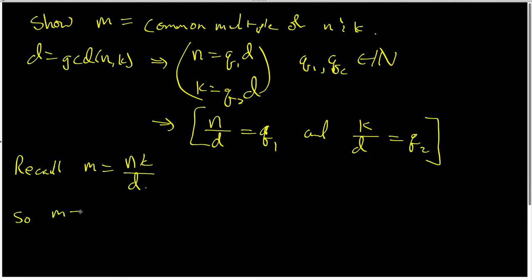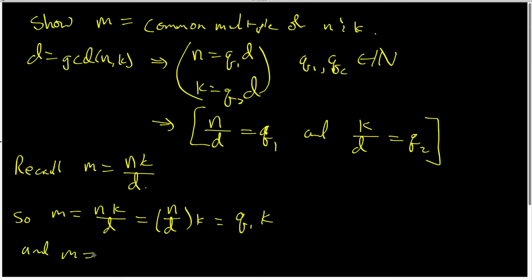On the one hand, I can think about m as being n times k divided by d, but I can rewrite this as n divided by d times k, and that'll be q1 times k. And I can also write m as equal to n times k divided by d, but this time I will factor it as n times k over d, and that would be n times q2.